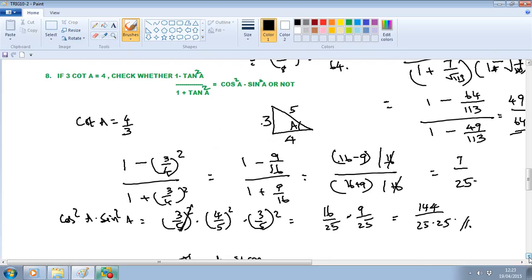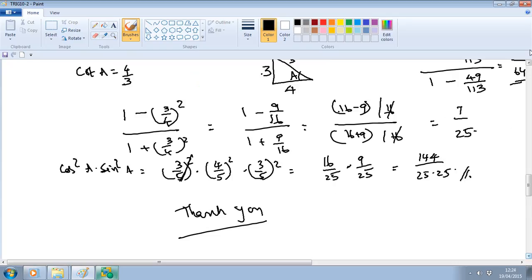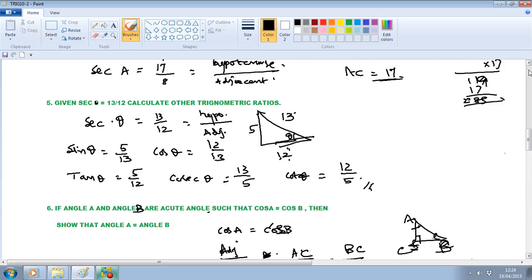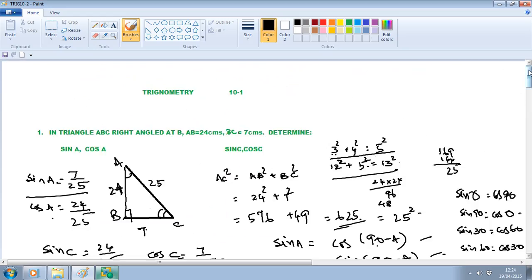Just try to repeat the problem and find out whether you're getting the same answer. Thank you. In trigonometric ratios, we just try to do many problems. Afterwards, we will be thorough with the ratios and how to calculate in this case. Thank you.